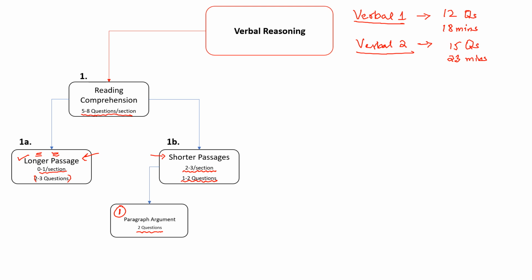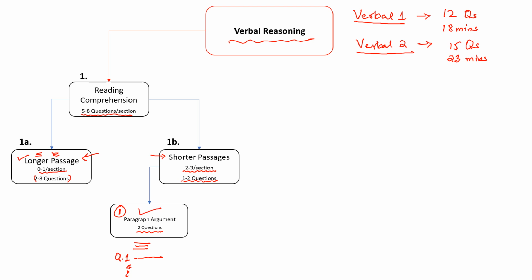So these are very short passages, literally 3 to 5 lines, and then you have just one question, and you have 5 options, and you have to pick one option. You do not need to note these things down. I am just giving you a synopsis of what the verbal reasoning section is composed of, and that we will be starting our preparation from the paragraph argument type questions.